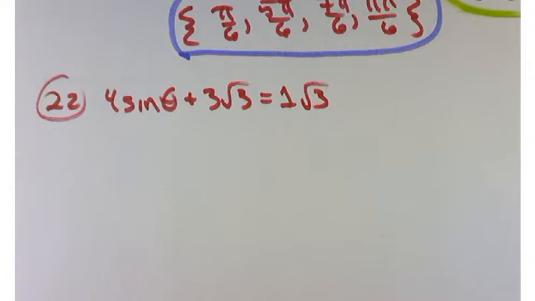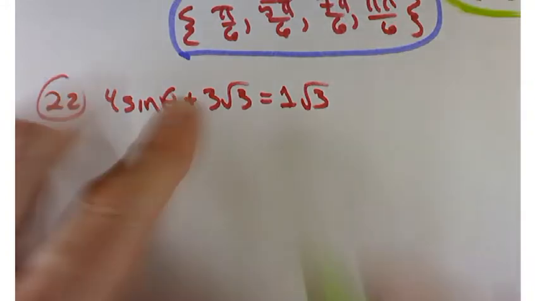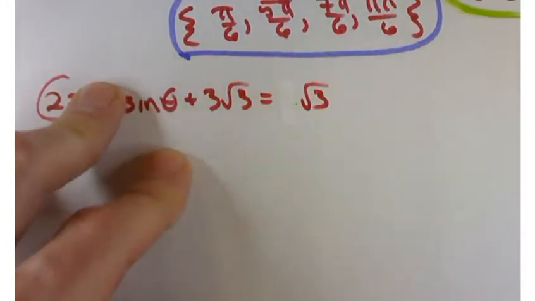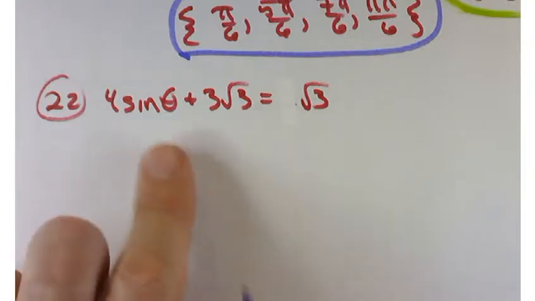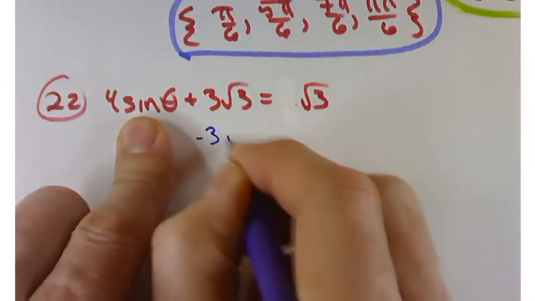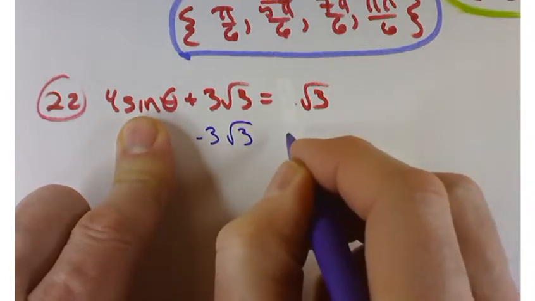Well, we got to get sine of theta by itself to begin with. Suggestions. By the way, just to give you a little heads up, that 1 here, I kind of put that there as a reflex, thinking ahead. You have to realize that 1 is there yourself, because we're going to try and get sine of theta by itself, and that's going to start by subtracting 3 root 3 from both sides.